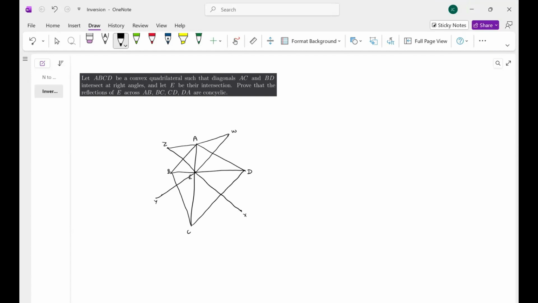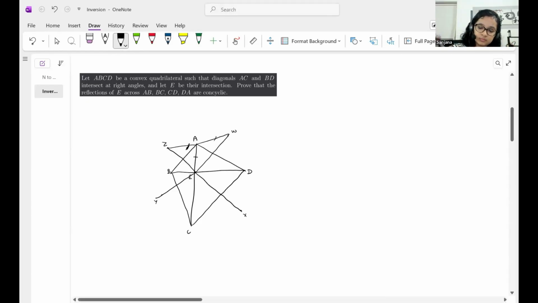We take circles at A, B, C, D with radius EA, EB, EC, ED. Yes, so we notice that these are equal because of the reflections.